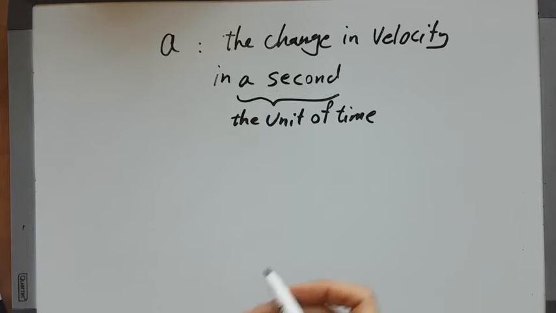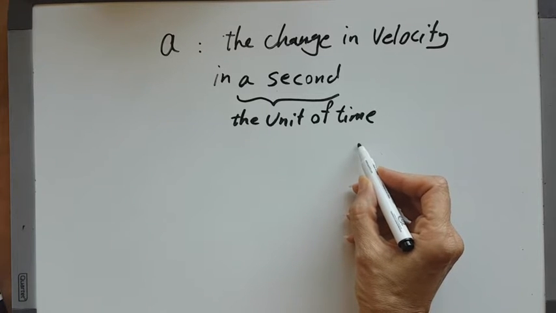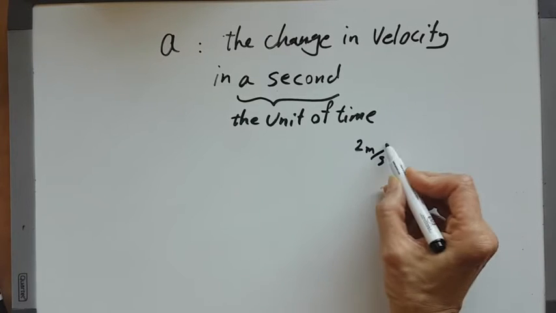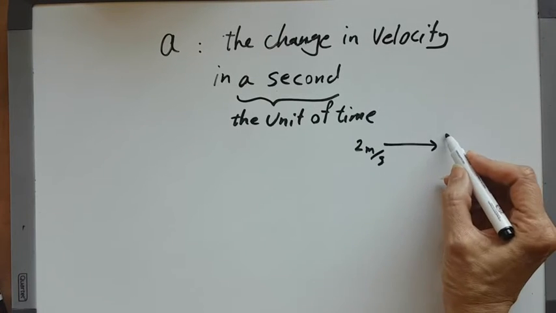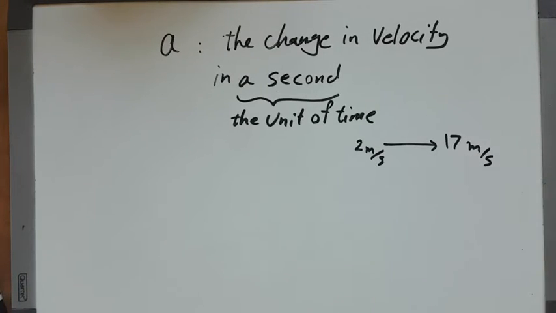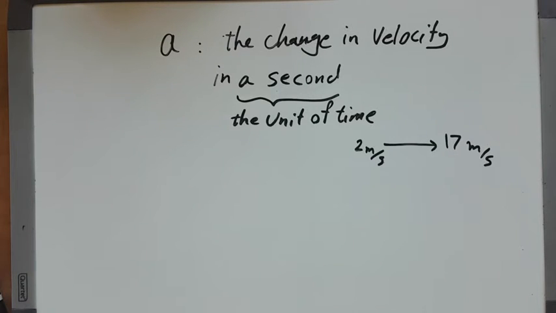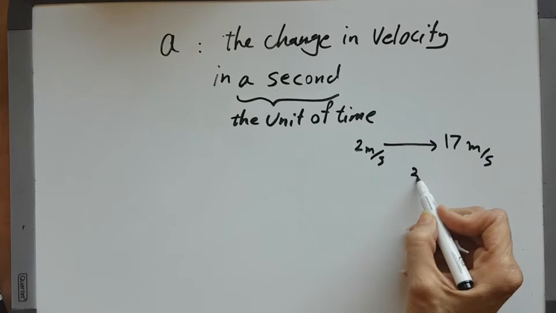For example, consider this example that your velocity is 2 meter per second and increases to 17 meter per second. So you are moving and suddenly your velocity increases. You go faster, and from 2 meter per second you go to 17 meter per second in 3 seconds.